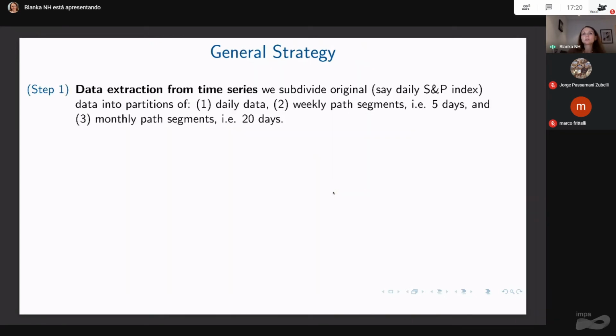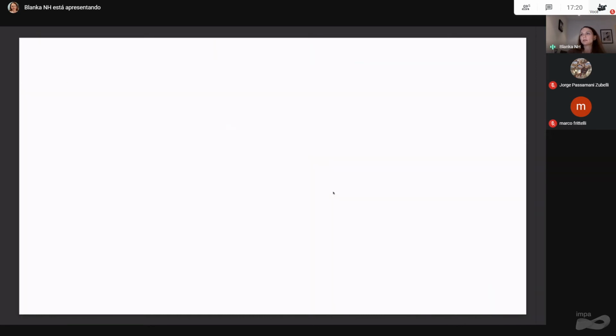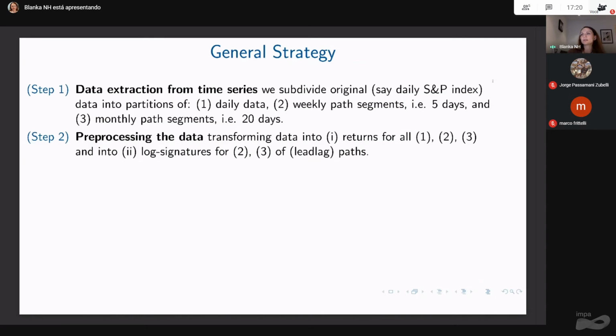So what is the general strategy here? As mentioned before, we want to do something where data is very scarce. So we start with the S&P index, which gives us for the past 20 years a sample set of 5,000 data points. Then, as mentioned in the previous slide, we will be doing this pre-processing of the data in 2 ways. Number 1 was this return-based generation for daily, which is number 1, weekly and monthly returns.